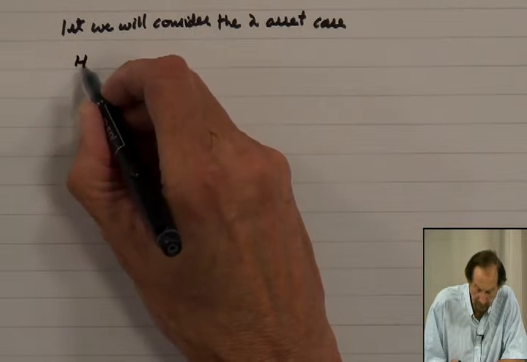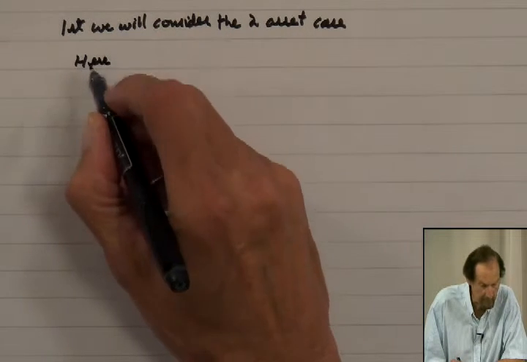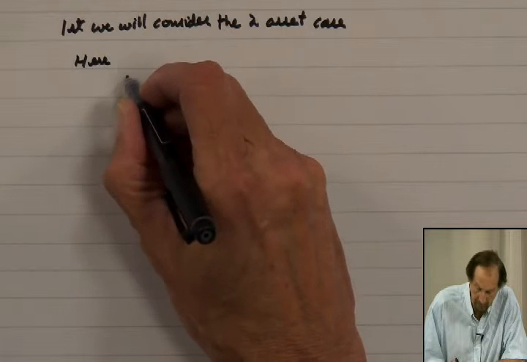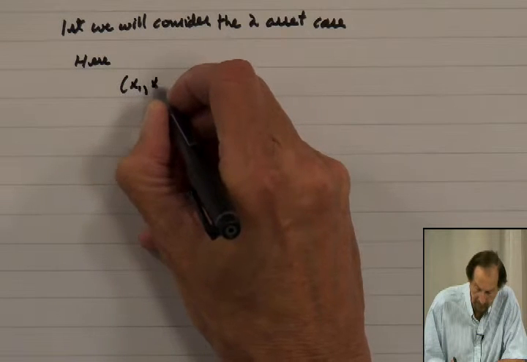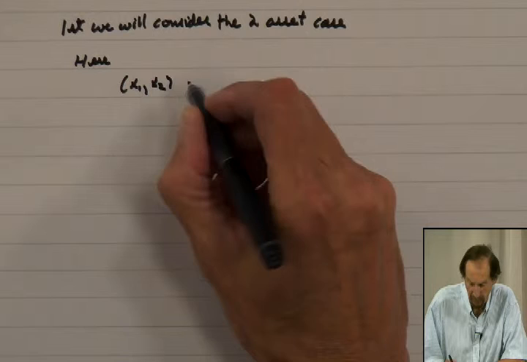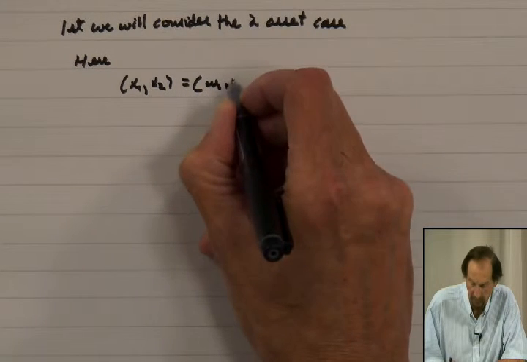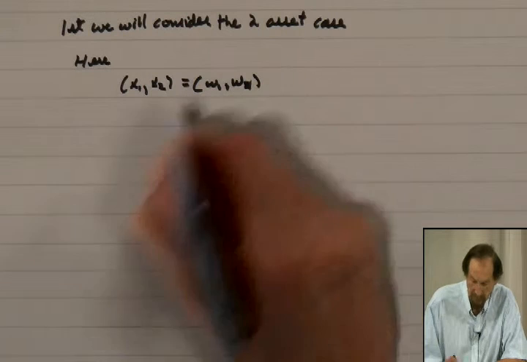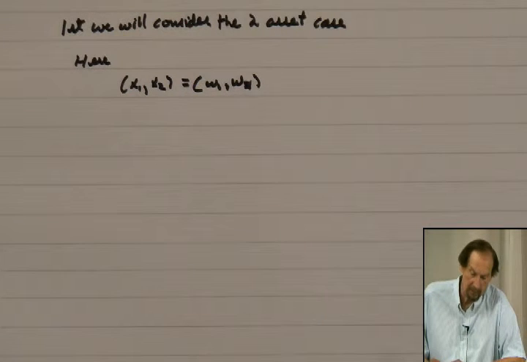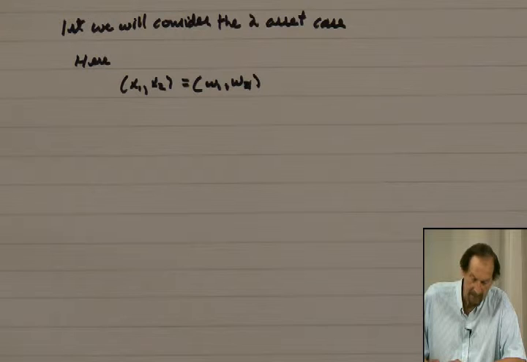Here, our decision variables x1, x2 are w1 and w2. So it's a proportion of our budget spent on asset 1 and spent on asset 2 in our portfolio.